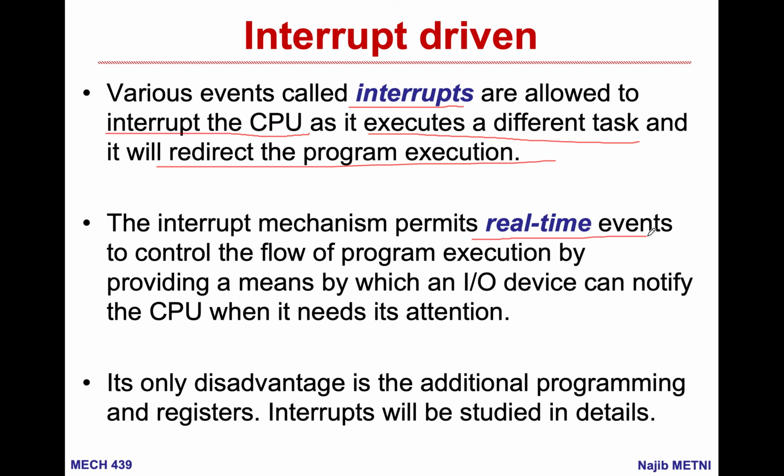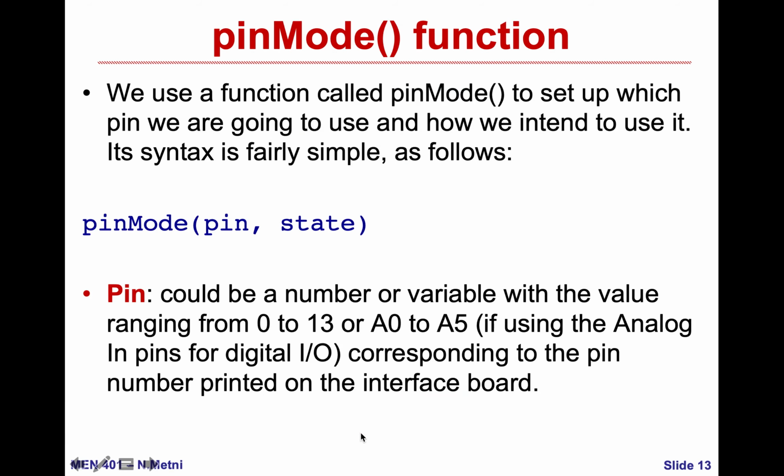So here, at the instant when Emil arrived at the door and rang the doorbell, I interrupt. So it's real time. I interrupt my work and go service this by opening the door. Its only disadvantage is the additional programming and registers. Interrupts will be studied in detail in later slides, in fact, in later lectures.